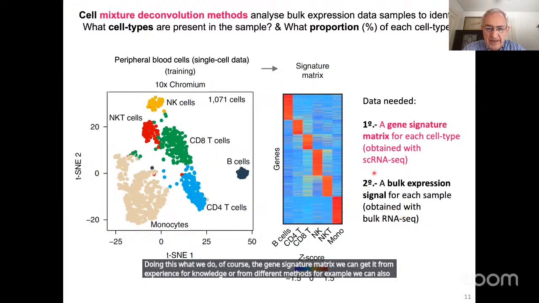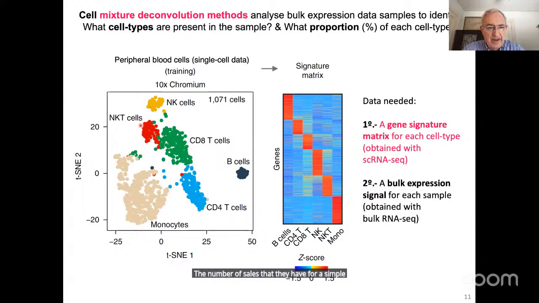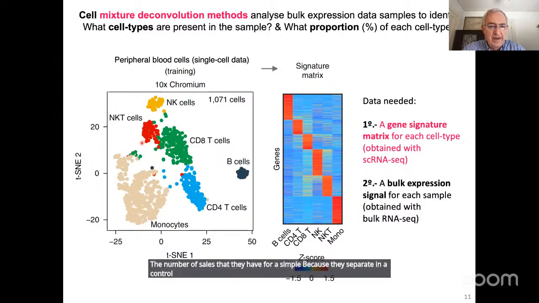Nowadays, most of the methods go to single cell data on a controlled data set where they know the number of cells they have, because they separate, in a supervised experiment with flow cytometry, different amounts of different cells, then put them in the single cell system, and see which genes better characterize those cells.